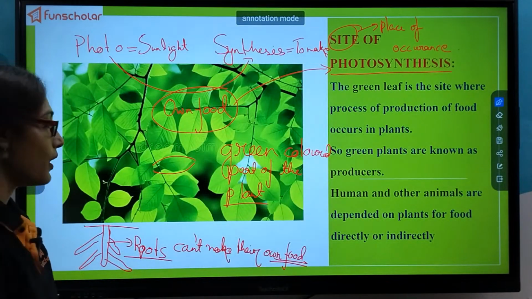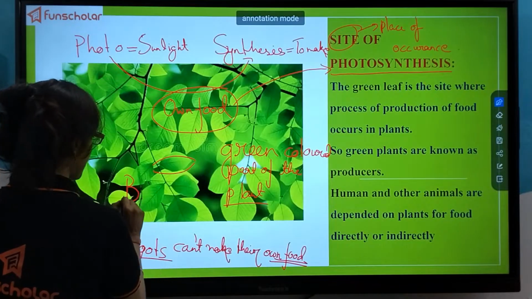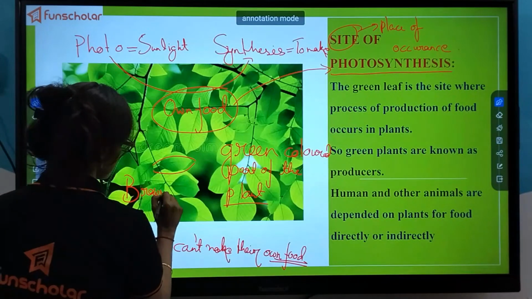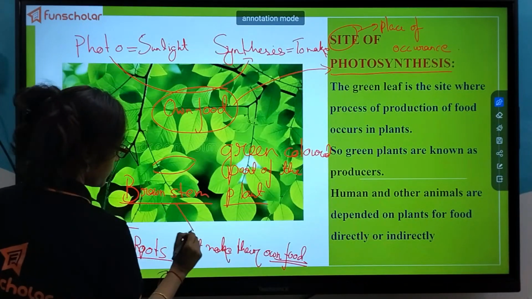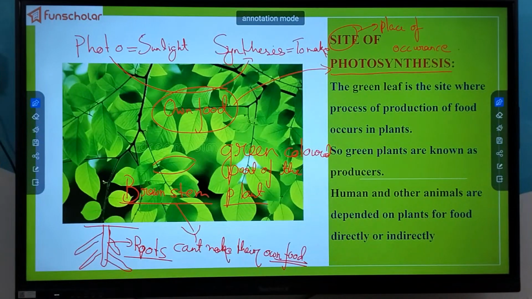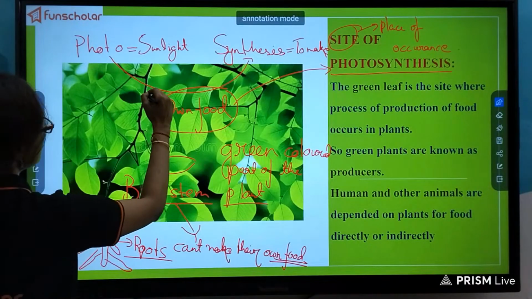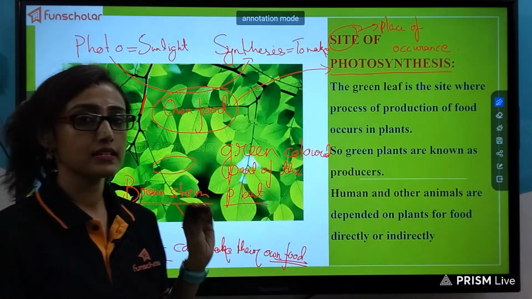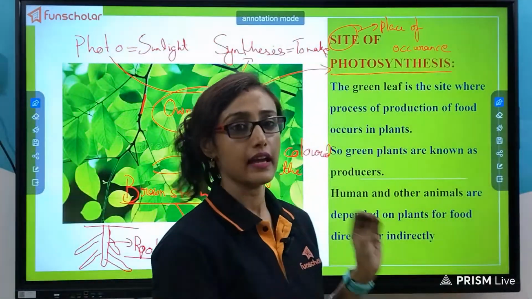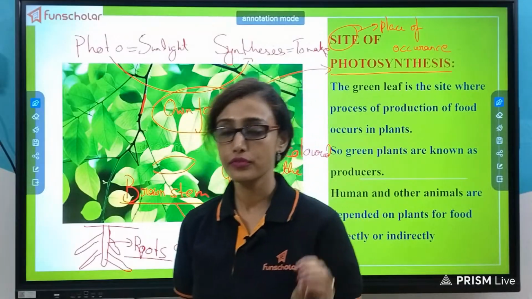Okay. What about a brown stem, ma'am? Similarly, they also can't make their own food. But here you see the stems are green in color. So if the stems are green in color, they can make their own food.